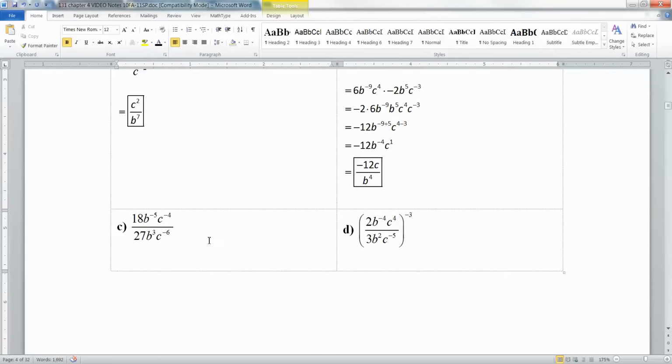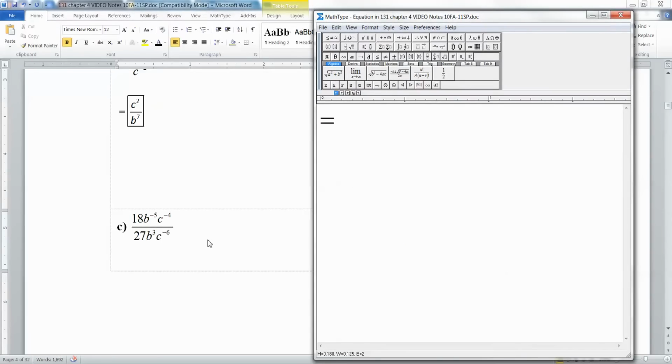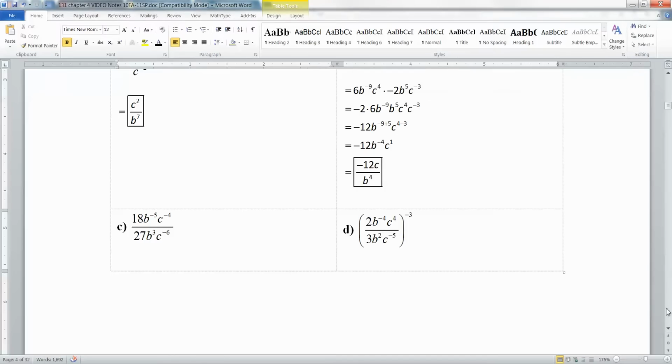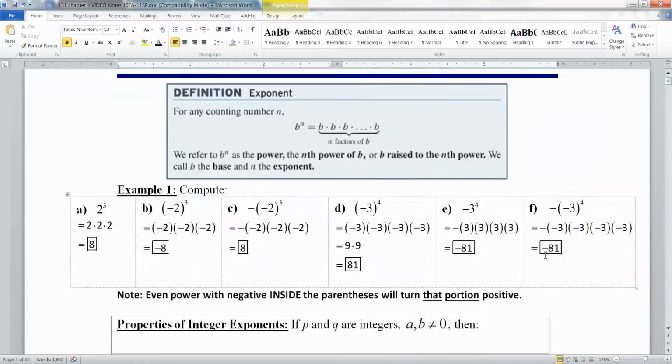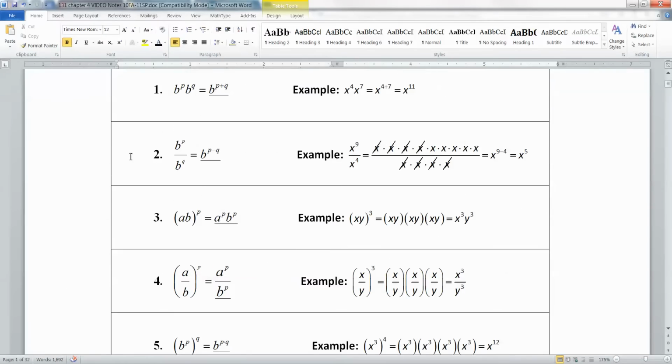Let's do it. So this is equal to, now, you can do this a lot of ways. First thing you want to notice is you've got 18 over 27. B to the, okay, now what do you do with powers this way? It's negative 5, take away 5, take away 3. I'm using that subtraction property from page 66 right here.